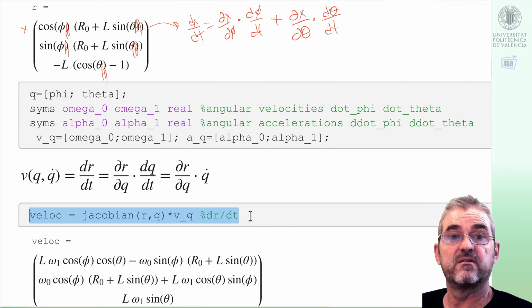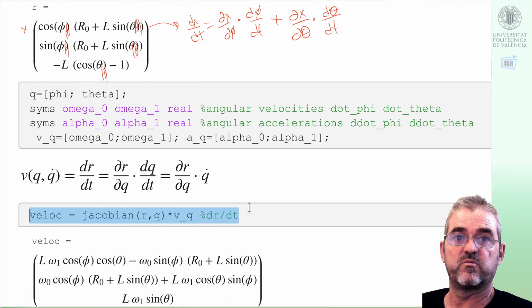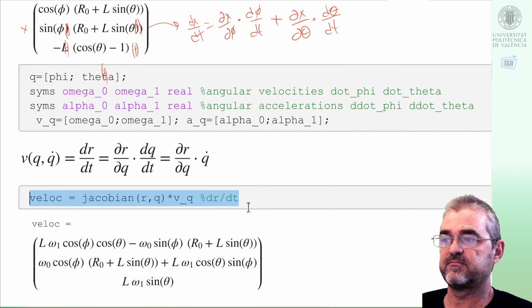This is in abstract physics book notation. In MATLAB, taking a lot of partial derivatives is carried out with the Jacobian command.